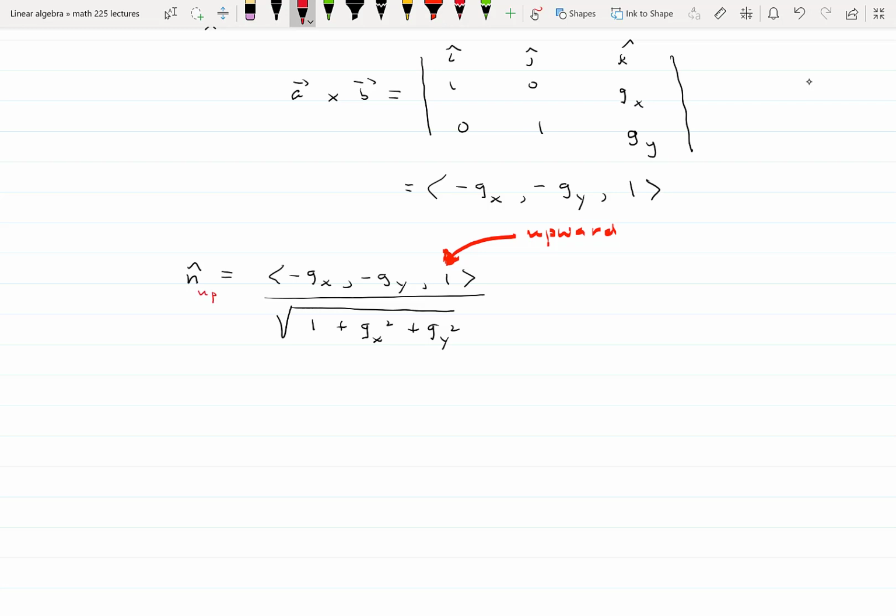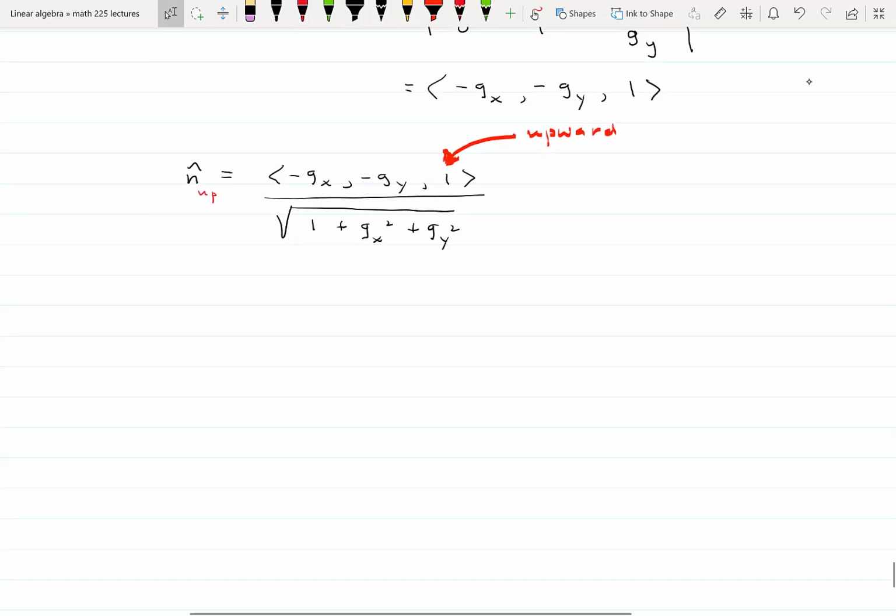So how would we define a downward normal? A downward normal would be in the opposite direction. So what do you suppose n down would look like? It would look like the opposite of n up.